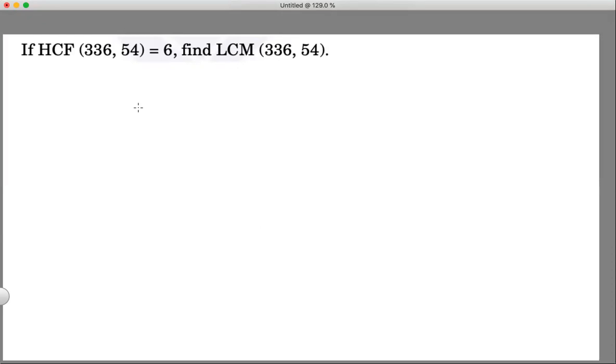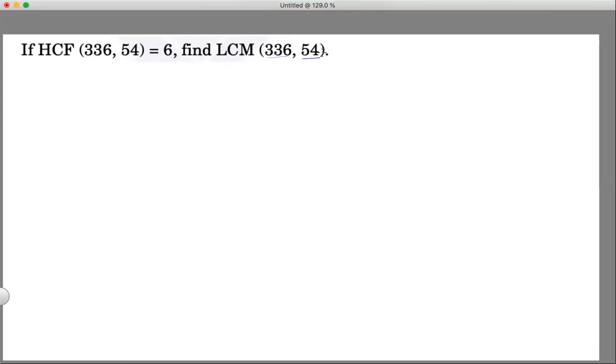If the HCF of the two given numbers is 6, find the LCM of the same numbers. So, 3024. This question as such, you can find the LCM of these two numbers anyway. There is nothing difficult in doing it.